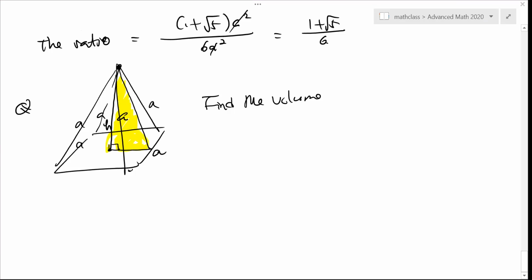Then you have to find out the height of the triangle on the side, the triangular face, right? And this bottom is half of it, right? Because of the center. That takes 2 steps. You have to find the x step by step, right?